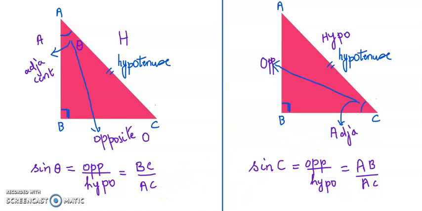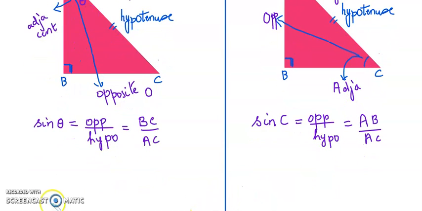The second trigonometric ratio, which is very important, is cos. Of the 6 trigonometric ratios, sine and cos are very important. The remaining 4 we obtain by taking relationships between sine and cos. I'm going to explain one by one. The next trigonometric ratio is cos theta, and cos theta is adjacent upon hypotenuse.